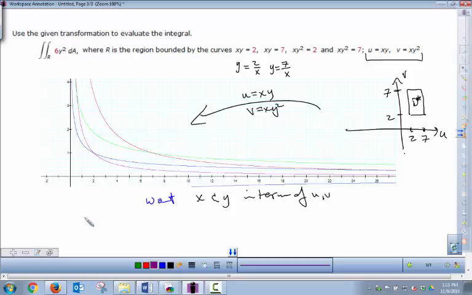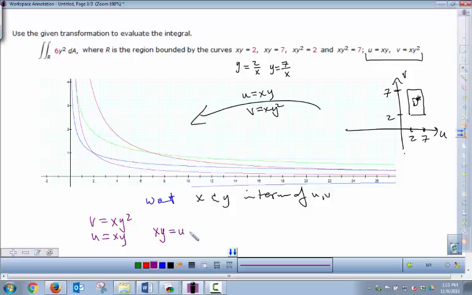On the first one? v is equal to xy squared and u is equal to xy. So u equals xy, and xy times y is uy.